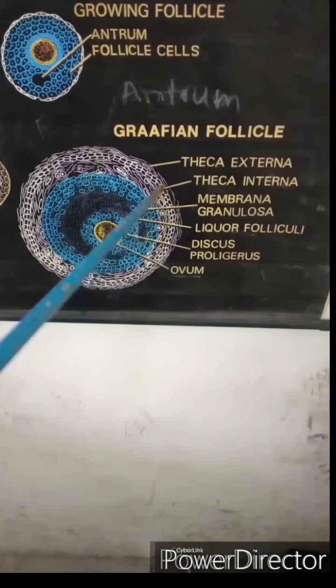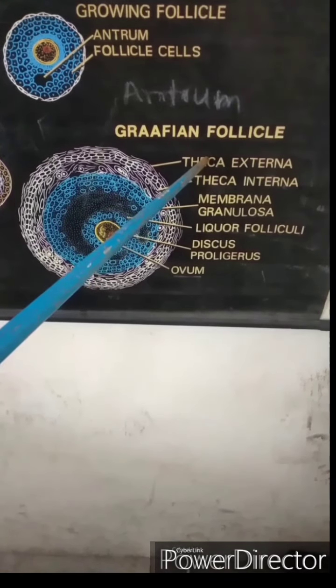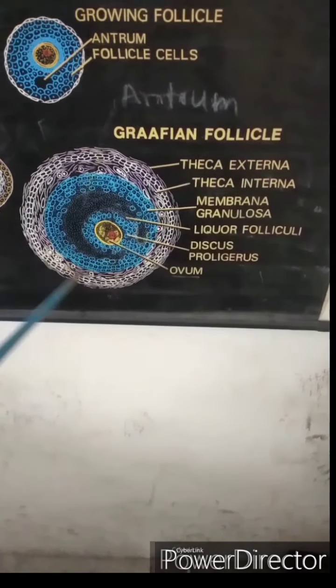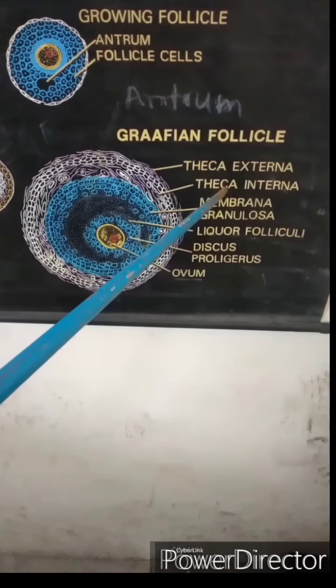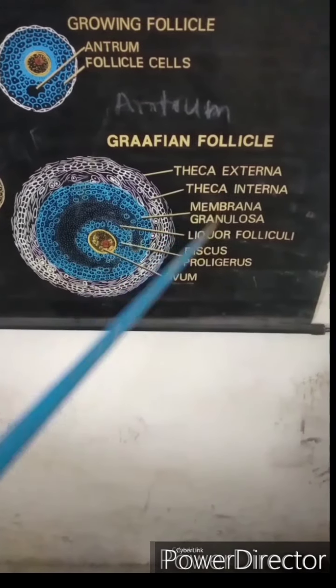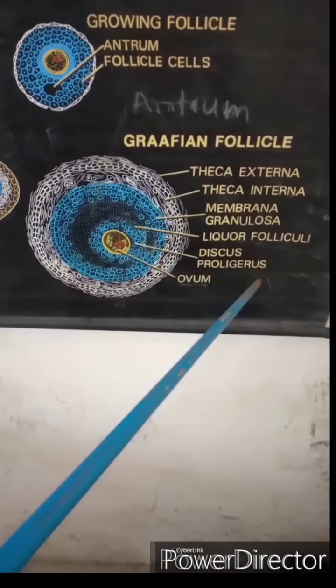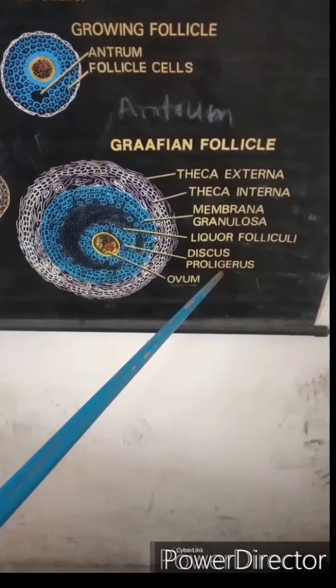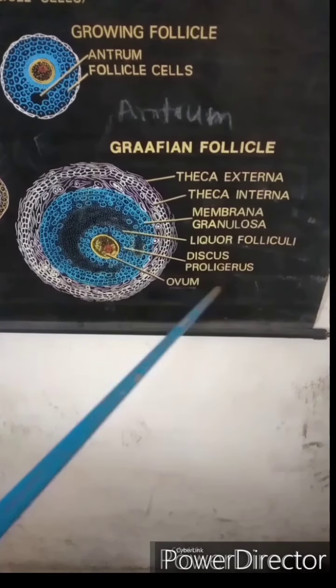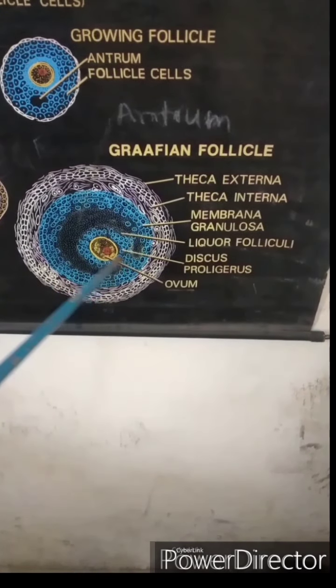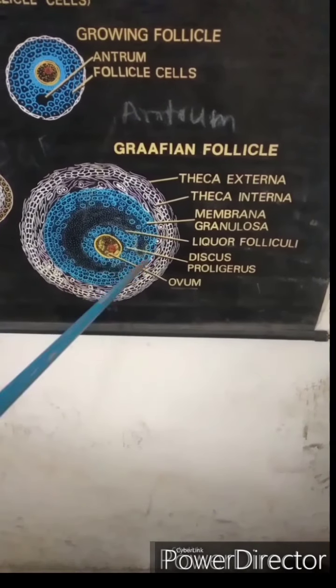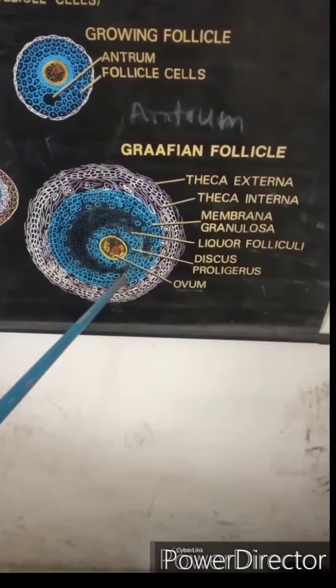The Graafian follicle is externally covered by a theca externa and internally covered by a theca interna. The Graafian follicle has the discus proligerus, also known as cumulus oophorus. It is the connection between the ovum and the membrana granulosa.